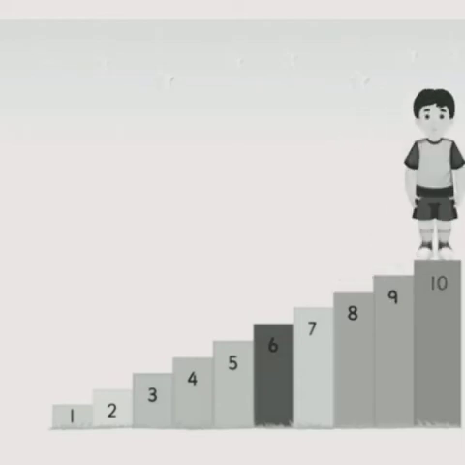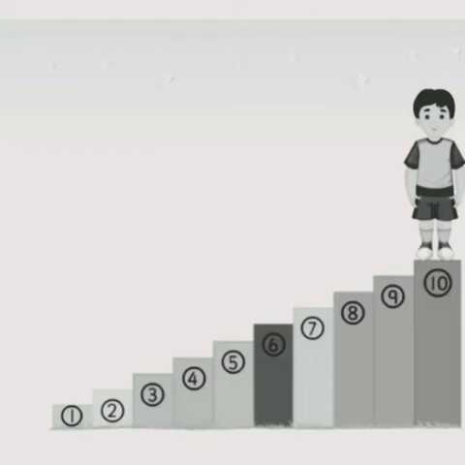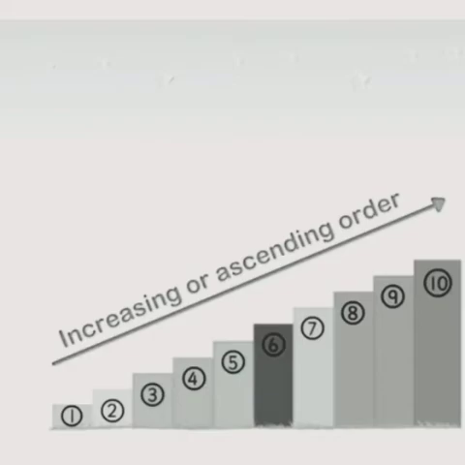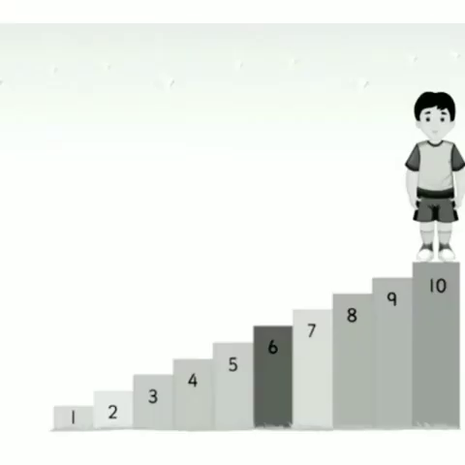Did you observe as he climbs up each step, he is ascending or moving to a greater number than the previous number. Thus, we say that when the numbers are arranged from the smallest to greatest, they are in the increasing or ascending order.